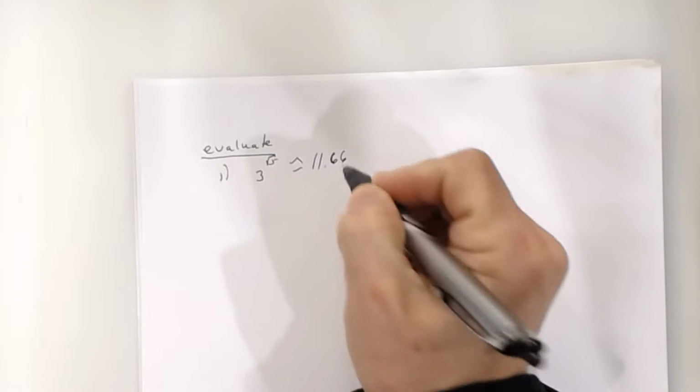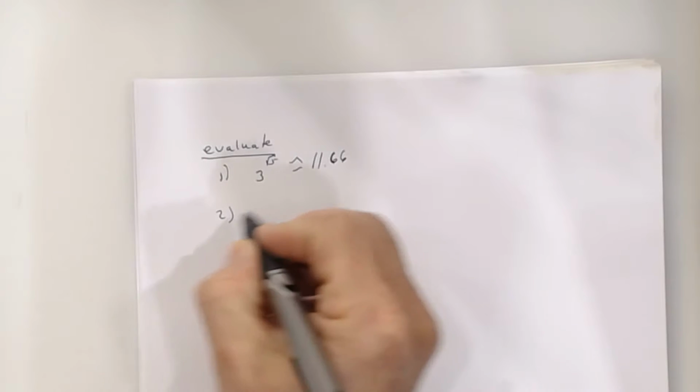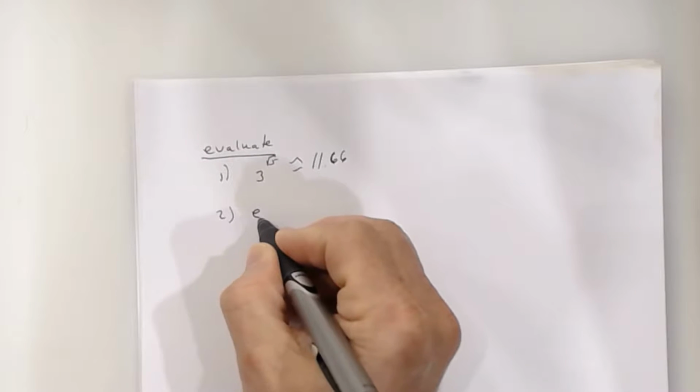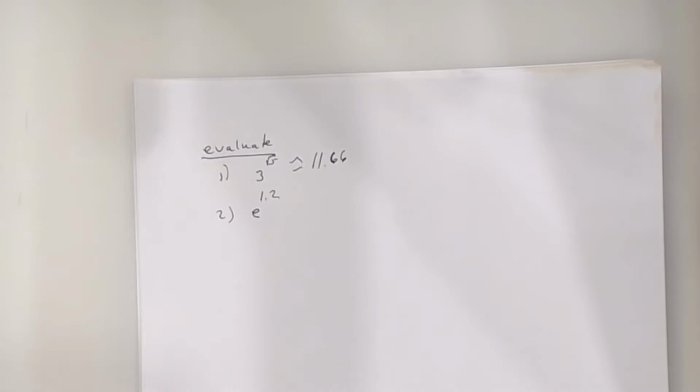All right, so in my math lab, they are going to ask you to approximate something like this. They're also going to ask you this: approximate e to the 1.2. Now we haven't talked about e.